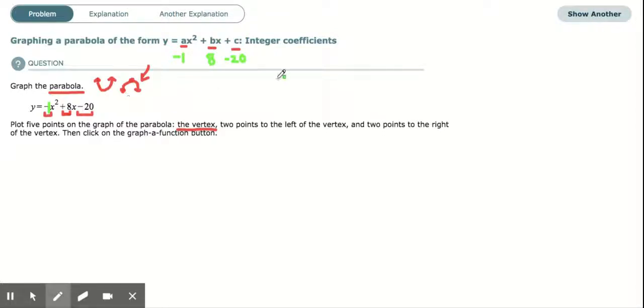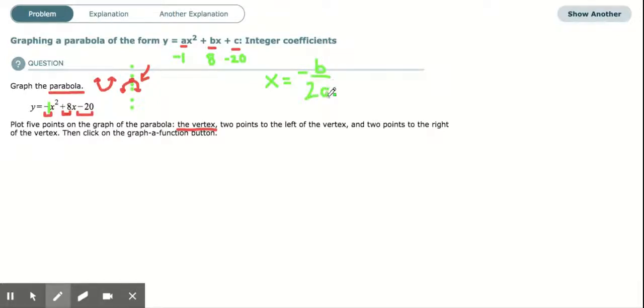Now, in order to find the vertex, we want to use the formula for the axis of symmetry. Remember, the axis of symmetry is just where that vertex goes through. It cuts the parabola into 2 equal parts, so it's like a reflection of itself. So in order to find the axis of symmetry, we use the formula x equals -b divided by 2a.